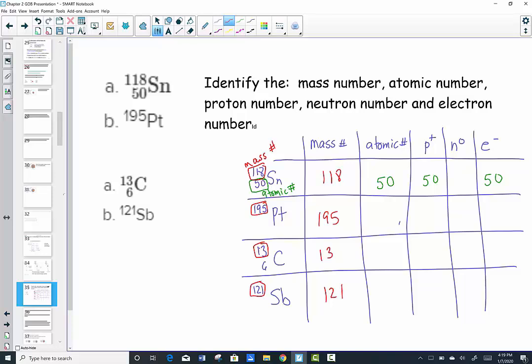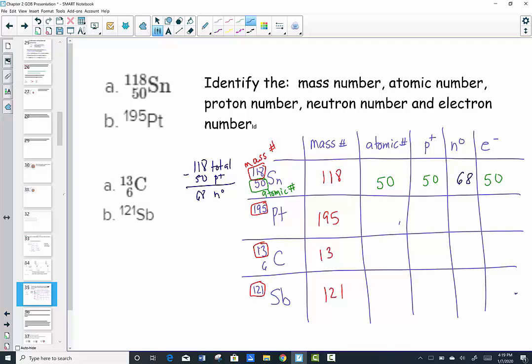Now, going back to row 1, if 118 is the total mass, and of those 50 are coming from protons, how many remaining particles are going to be from the nucleus? So when I subtract 118 minus 50, I get 68 neutral neutrons.